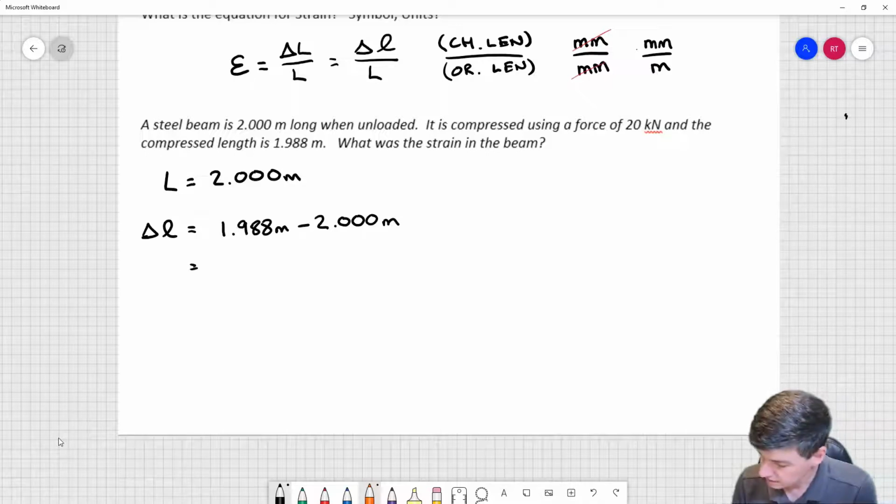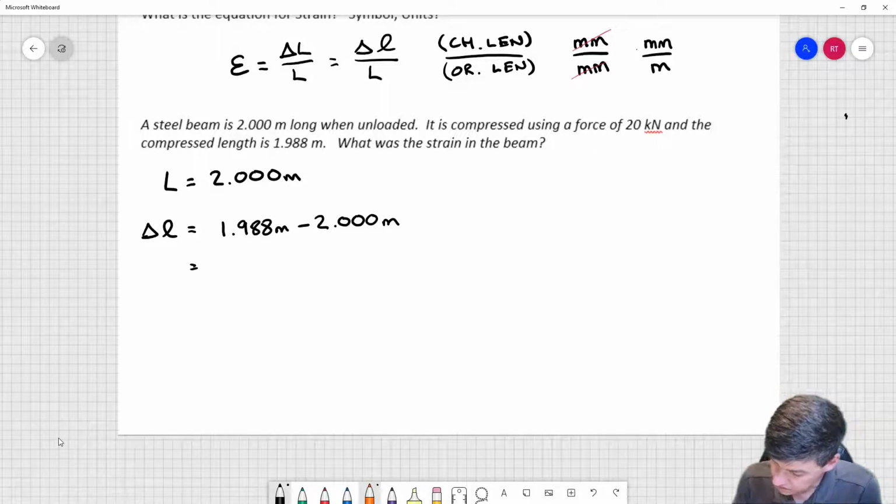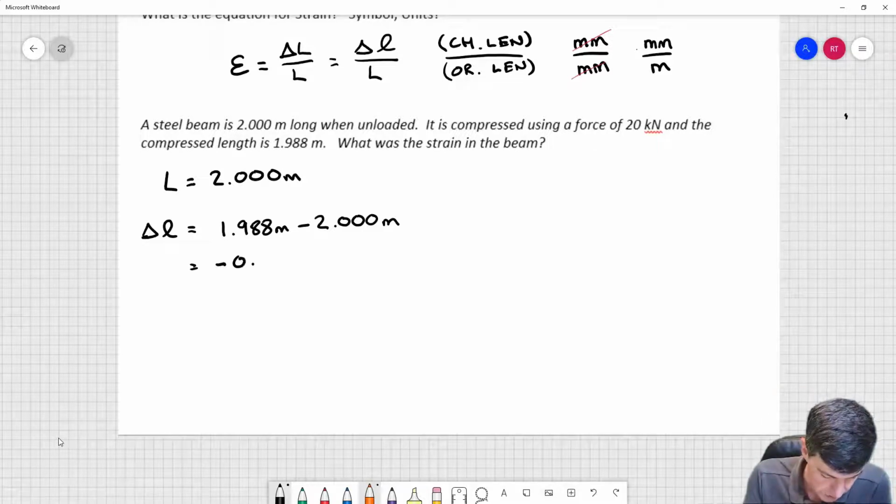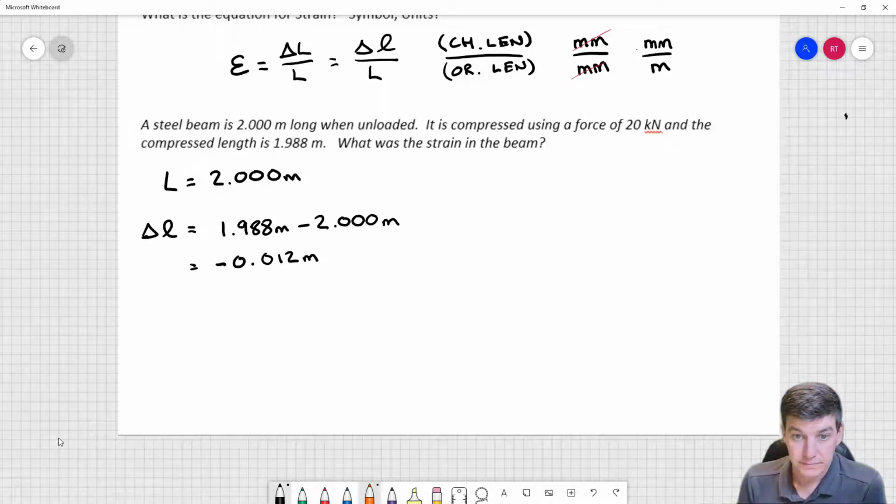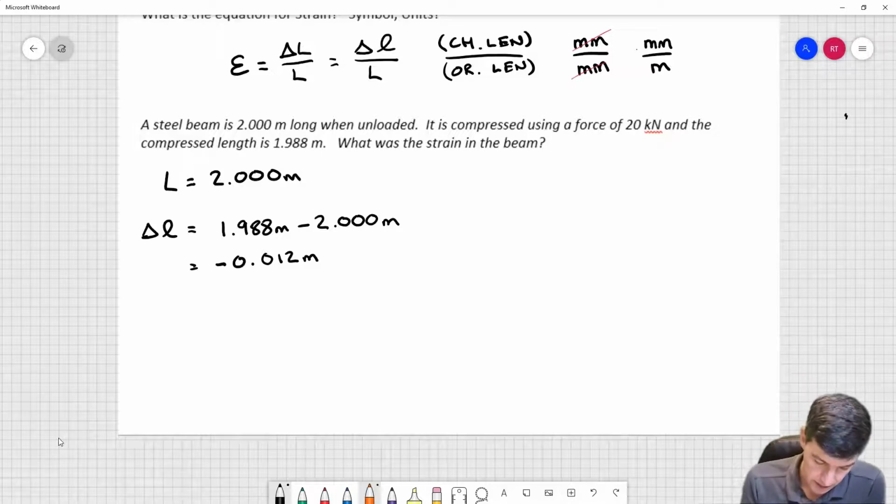And if we check that, 1.988 minus 2.000, we're going to get negative 0.012 meters. Negative, so it did compress, so we have a negative change in length. The length got smaller. Okay, so that's okay.